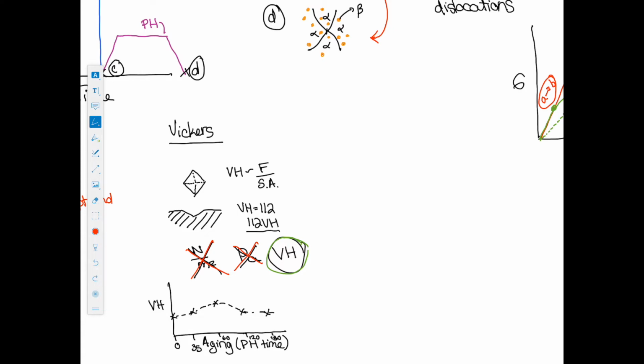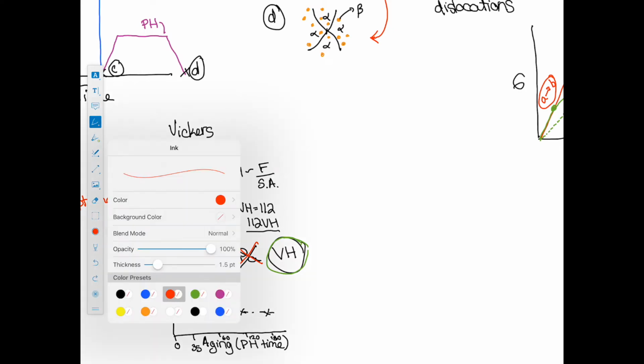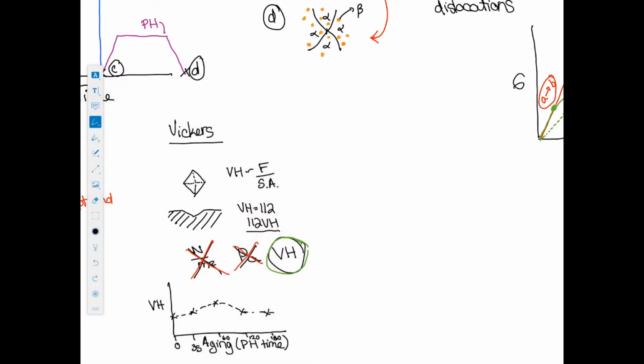For the 3-point bend test data, there's a video showing you guys how this works. I just want to make a few notes about it.